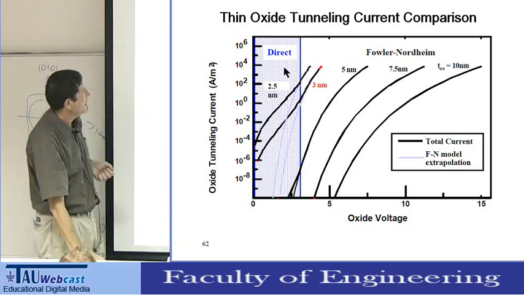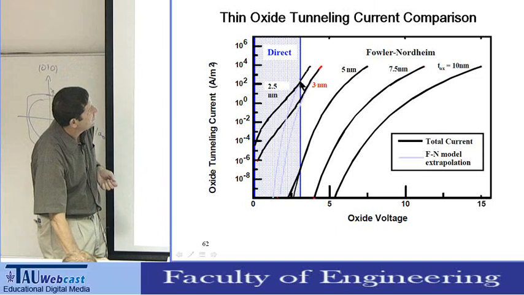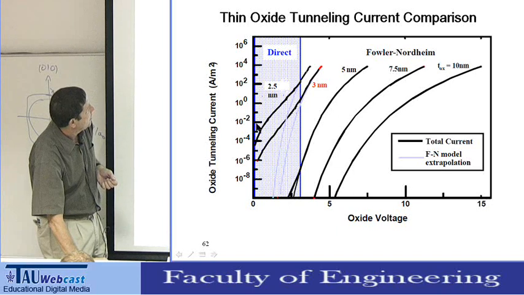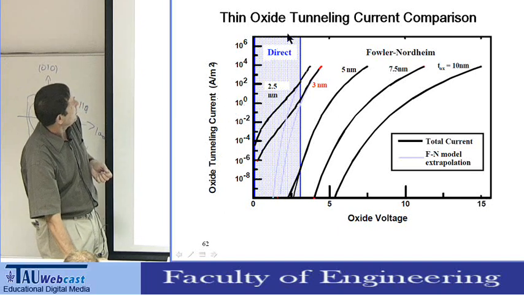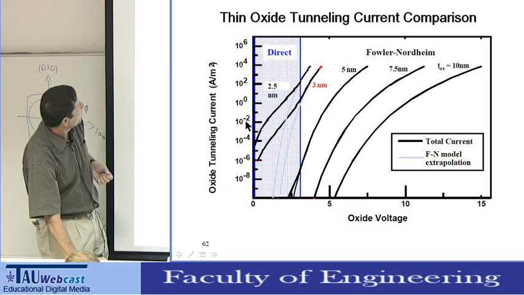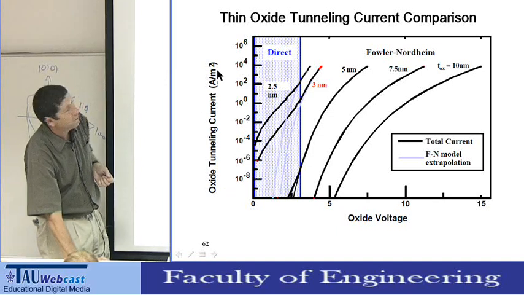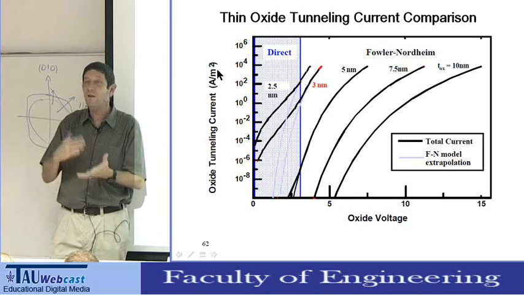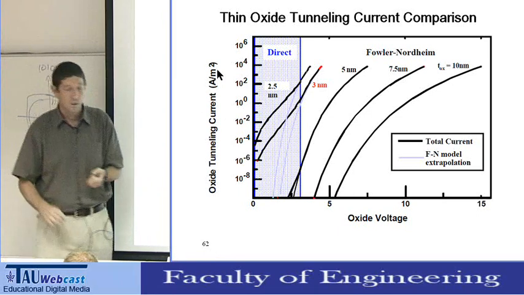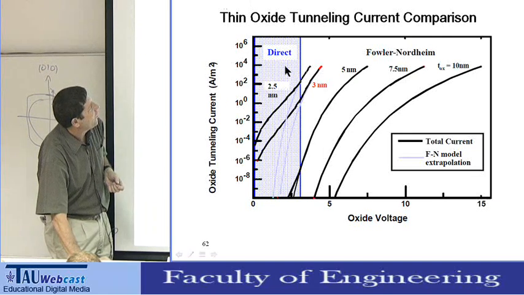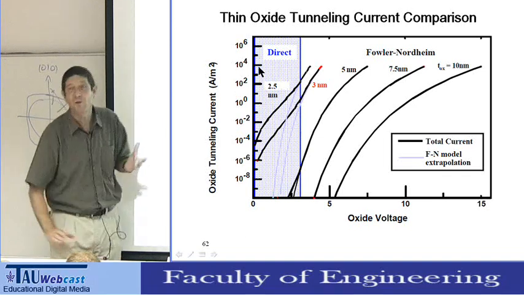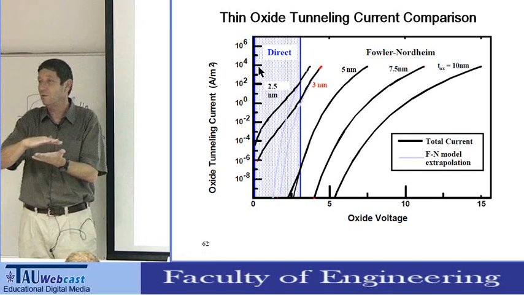So for a very thin oxide, if you take 2.5 nanometer and apply 1 volt, you get a tunneling current of about 10 to the minus 2 ampere per meter square. So you start to get very high current. If you grow 1 nanometer, the current will be enormous. The gate is no more an insulator.